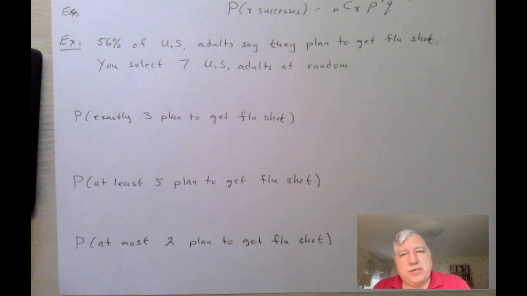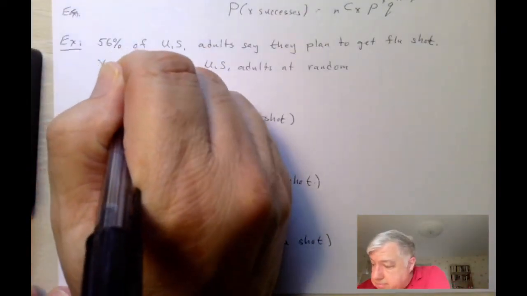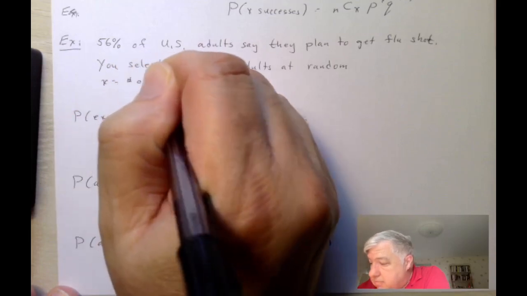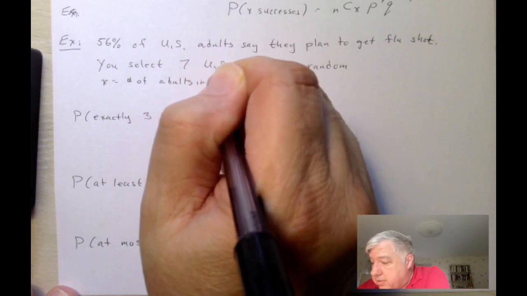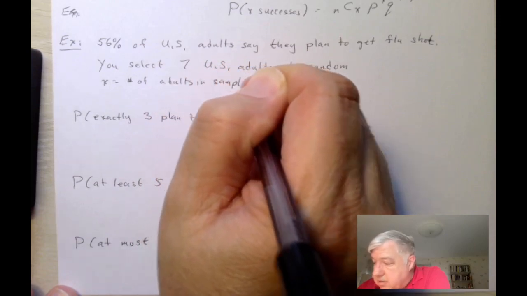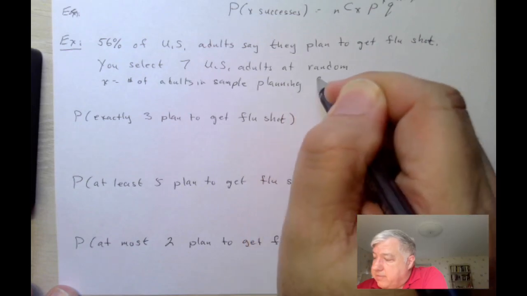And then you ask them, are you planning to get a flu shot? We're going to let X be the number of adults in your sample planning to get a flu shot.